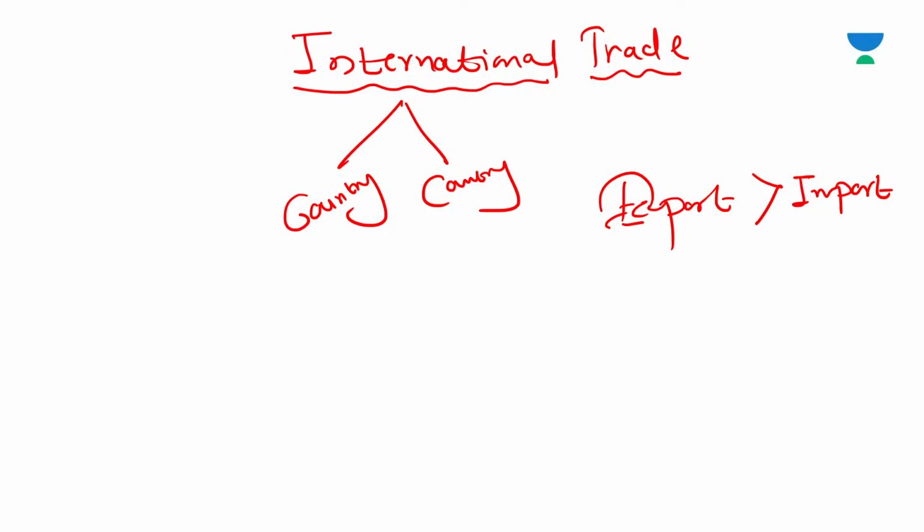Now, friends, when the value of export exceeds the value of imports, it is called favorable balance of trade. On the contrary, if the value of imports exceeds the value of exports, it is termed unfavorable balance of trade.